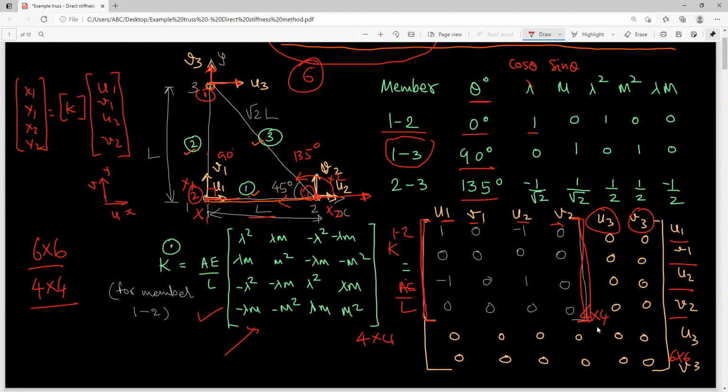The size of the stiffness matrix should match the global stiffness matrix, the assembled total kinematic variables. In this case it is 6, but if it is, let's say, an 8 noded or 10 noded truss, the size has to be 8 by 8 or 10 by 10. So we have introduced zeros and made it 6 by 6.